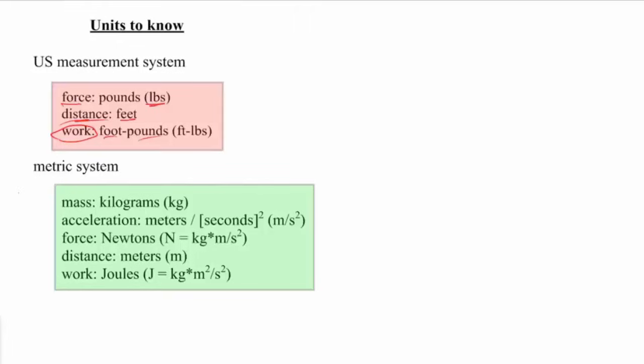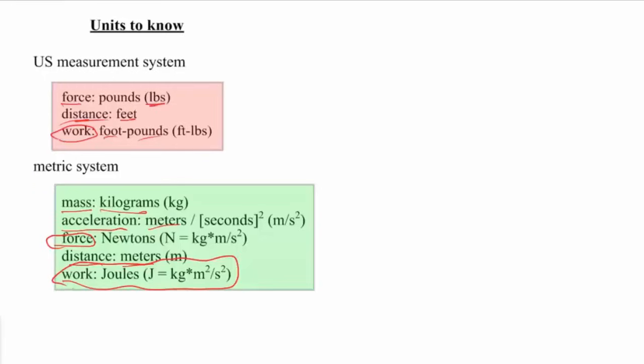In the metric system, they don't have a unit that's for force, they have a unit for mass, that's kilograms, and then you have to multiply it by the acceleration to get the meters. This is usually what they give you, is the kilograms and the meters. There is a force here, newtons, but usually they don't give you a problem statement in newtons. Then you have to make sure your distance is given to you in meters as well, and the total work here is in joules.